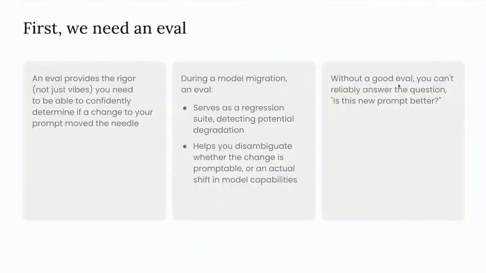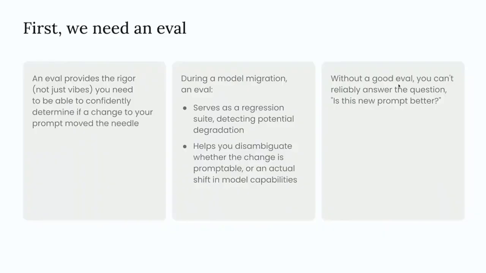Well, in order to start unpacking that question, we need a starting point, and that starting point is evaluations. We need evaluations to provide that rigor to understand whether a change to our prompt is actually correlating to an improvement in its performance. We have different models which have different capabilities and different behaviors. When you migrate to a different model, it could be that your system is no longer working as well for two reasons.